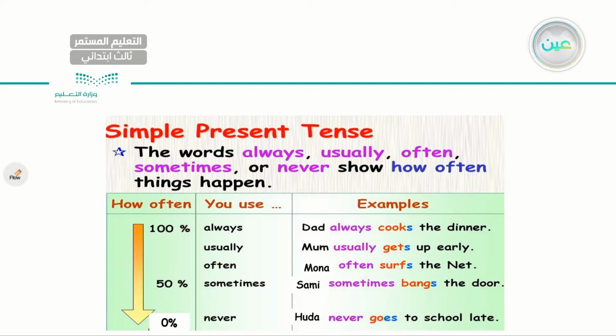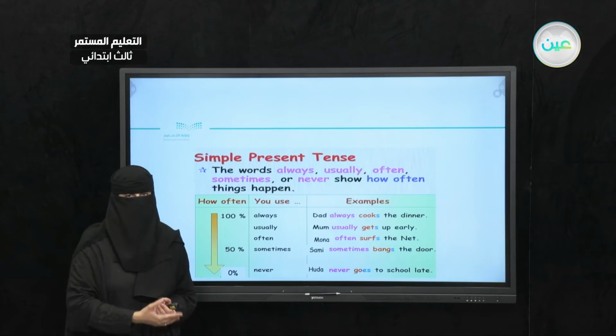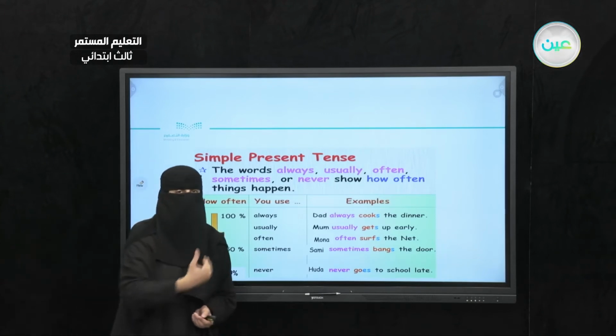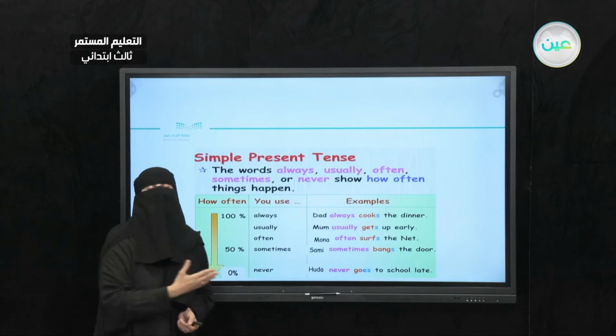For simple present tense, we often use something that's called adverbs of frequency. What do I mean by adverbs of frequency? These are the words always, usually, often, sometimes, never, to show how often things happen. For example, let's talk about school. How to form a sentence? We always go to school at 7 o'clock.